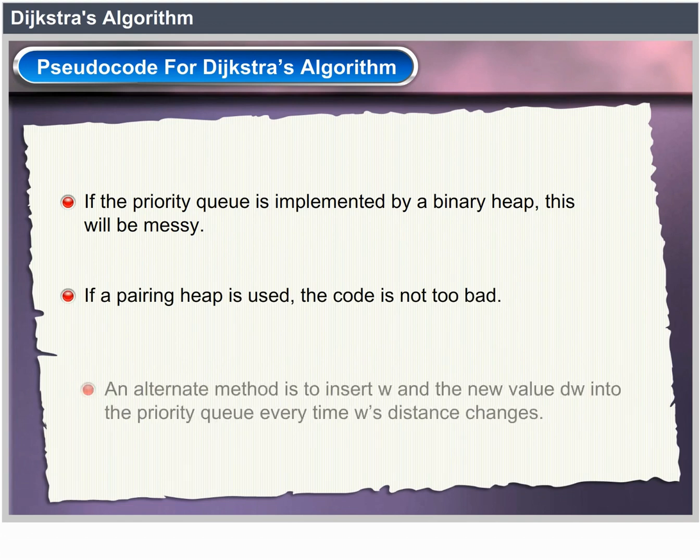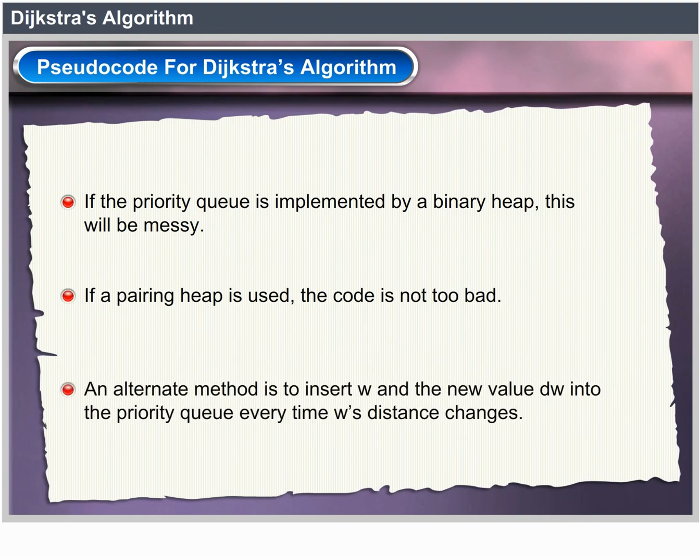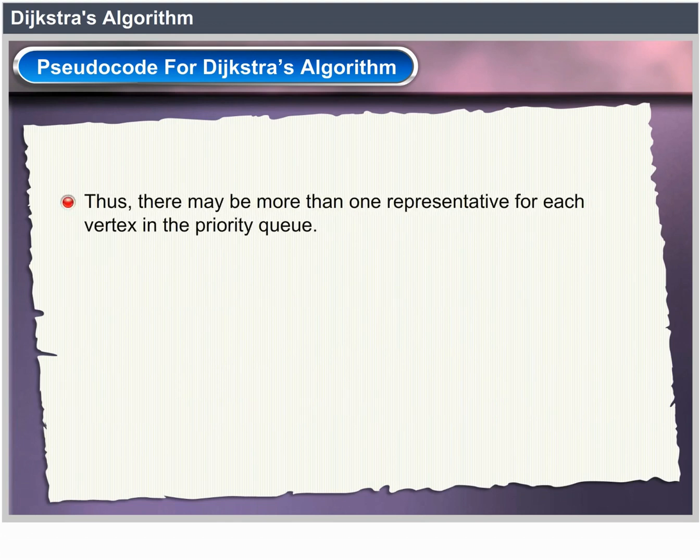An alternate method is to insert w and the new value dw into the priority queue every time w's distance changes. Thus, there may be more than one representative for each vertex in the priority queue.